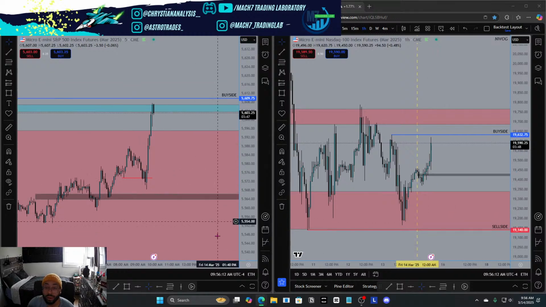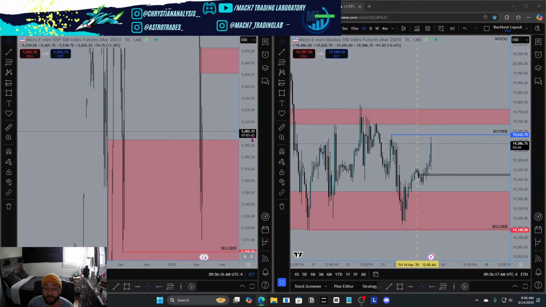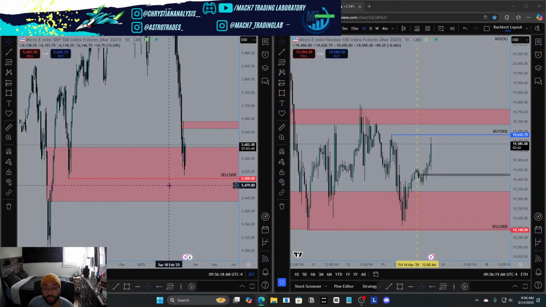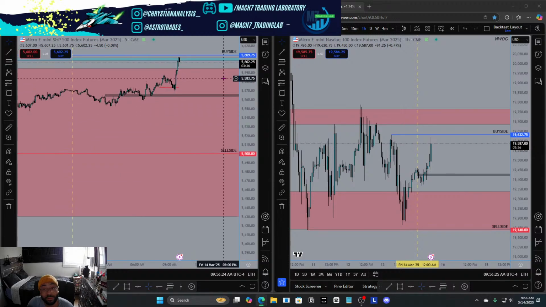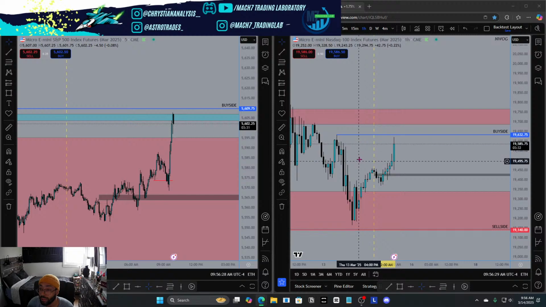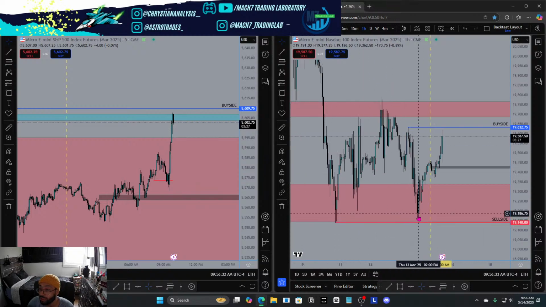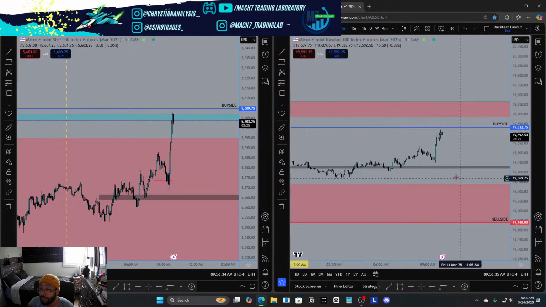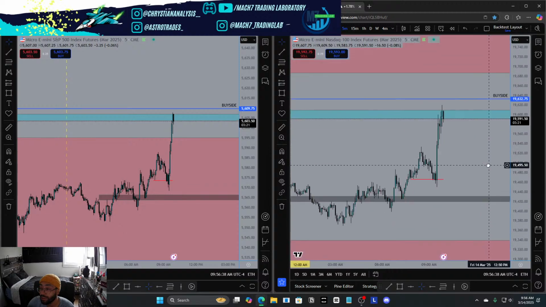We do have equal lows on ES, just in case she wants to go ahead and run those out after being in gap in premium at a later day, or even do an AM session. Buy side liquidity, same thing, 1 hour relative equal lows, 5-minute as well on NQ, excuse me.